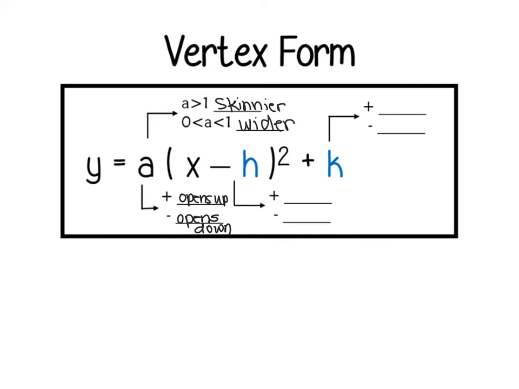If I have a positive h value, written out again, remember this would be positive 2, the graph actually moves to the right. Even though you're seeing x minus 2, it moves to the right. If you have a negative h value, like negative 2, you would really be seeing x plus 2 squared, but it's actually going to move to the left because your h is technically negative.